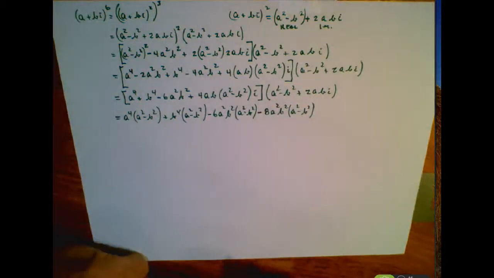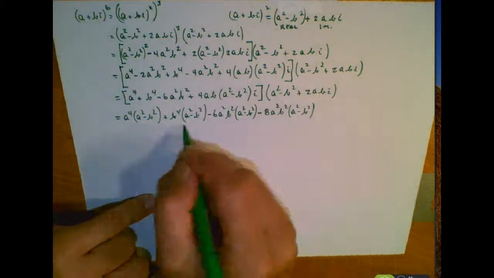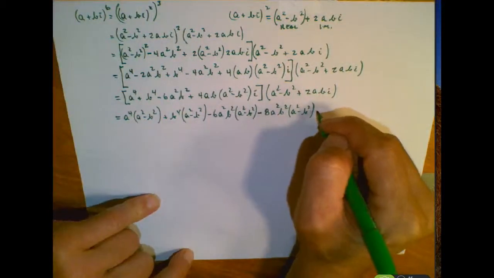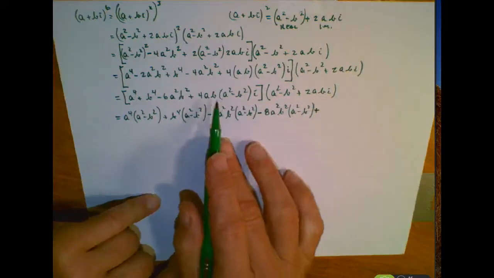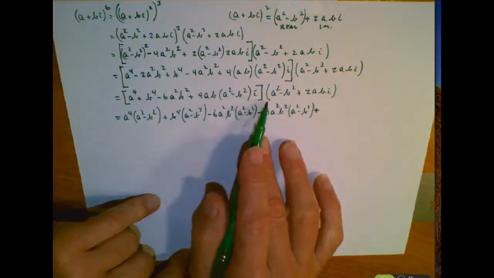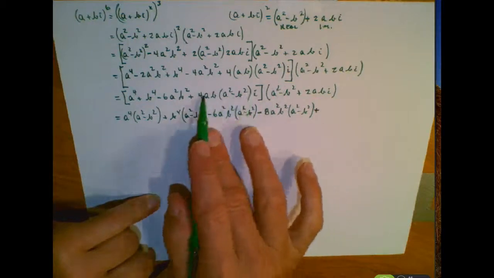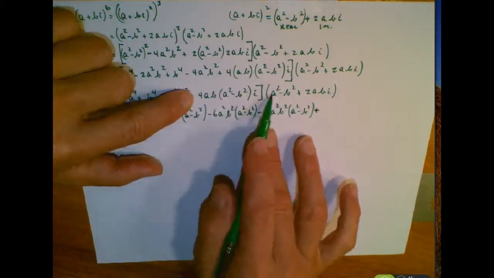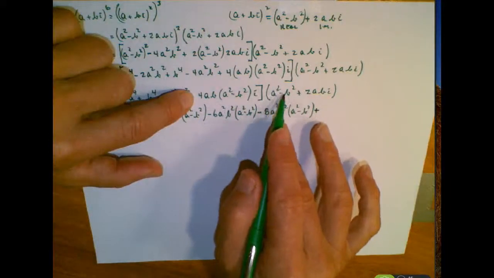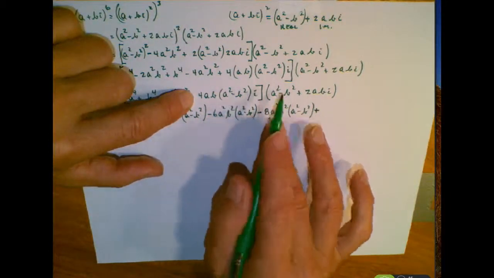So the last thing I have to do is take care of my imaginary terms. So that's my real. And then I'm going to add my imaginary terms next. And what they'll be is just, I'll take this times this. And notice if I have this times this, this is an a squared minus b squared, here's an a squared minus b squared factor, and so that'll be just that factor squared.